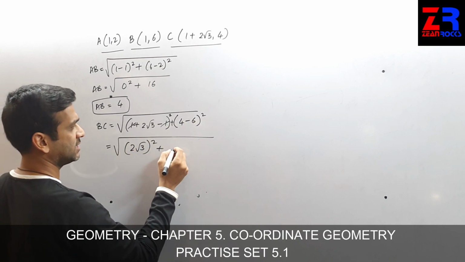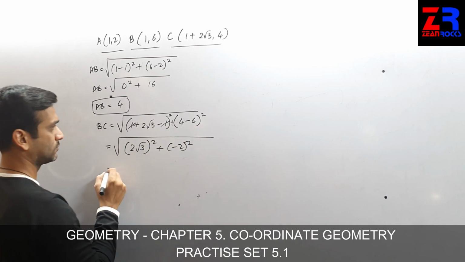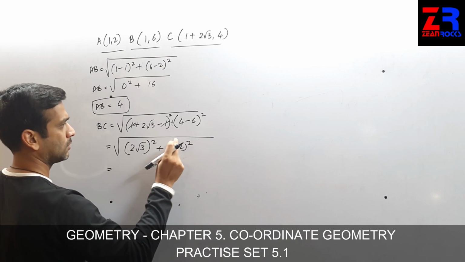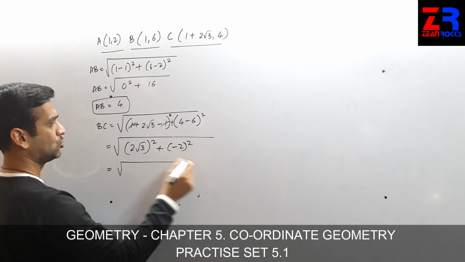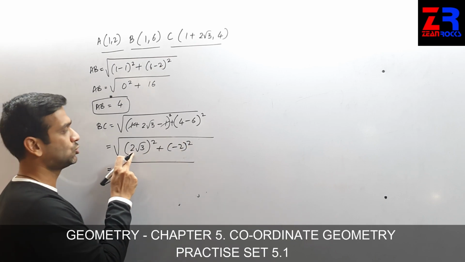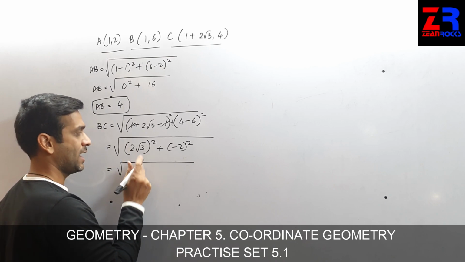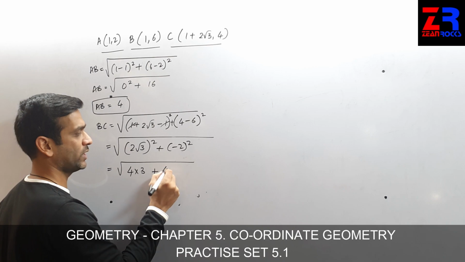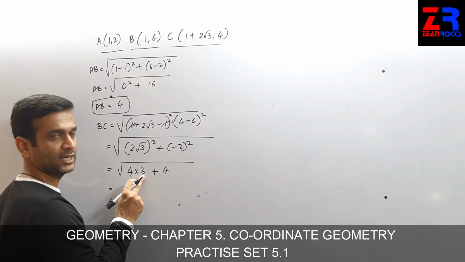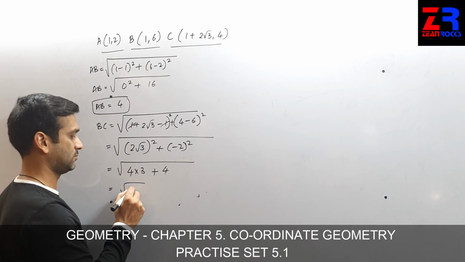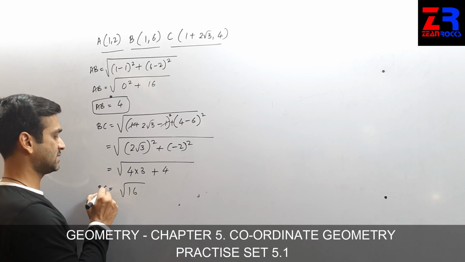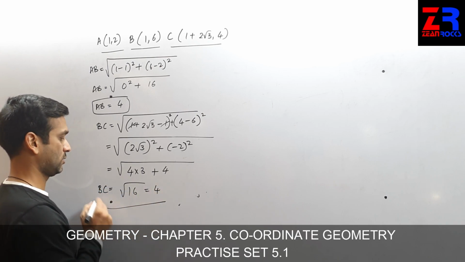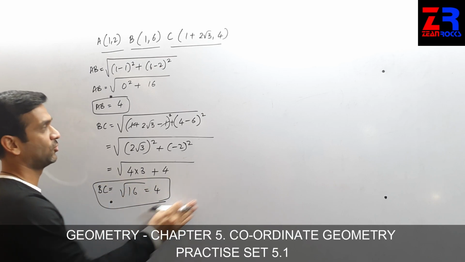And here 4 minus 6 is minus 2 square. So 2 root 3 square is 2 square is 4 and root 3 square is 3, plus 2 square is 4. So 4 3 is 12, 12 plus 4 is 16. So I have got BC as root 16 means 4. So BC is also 4.